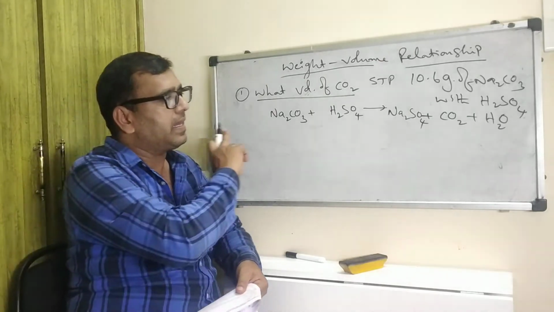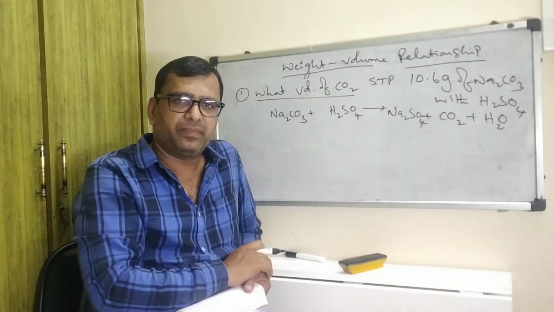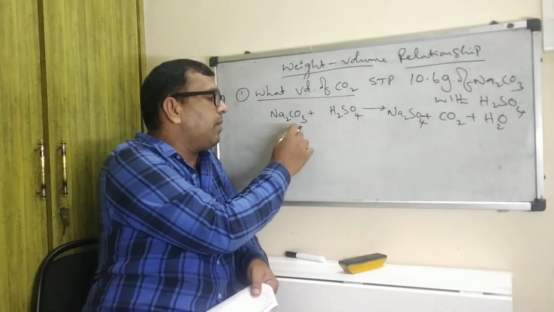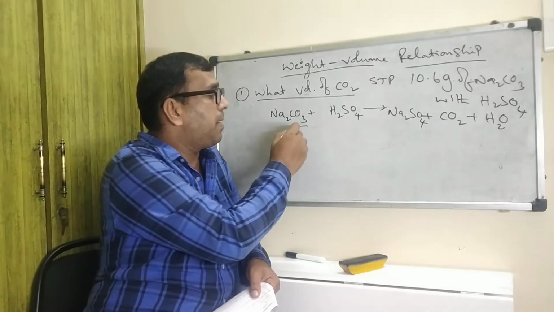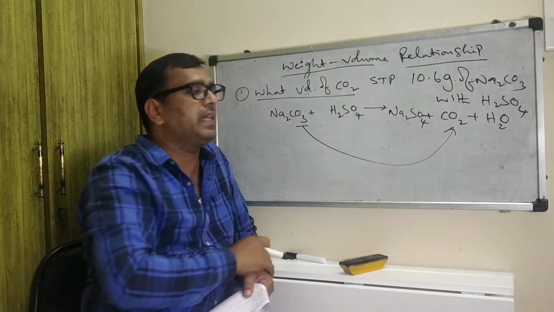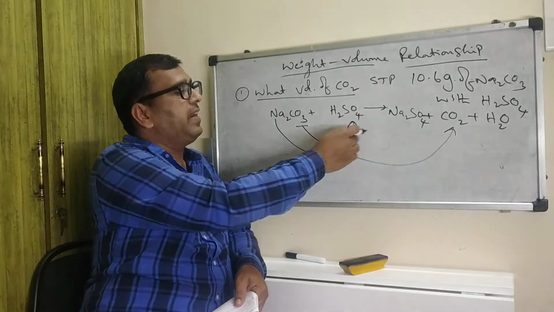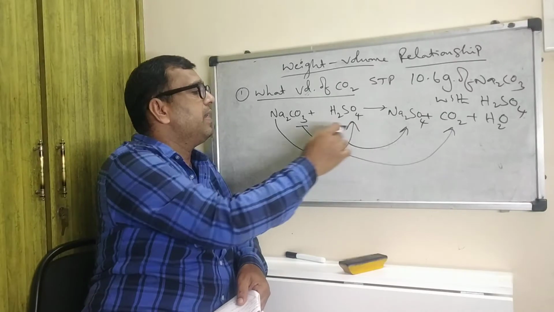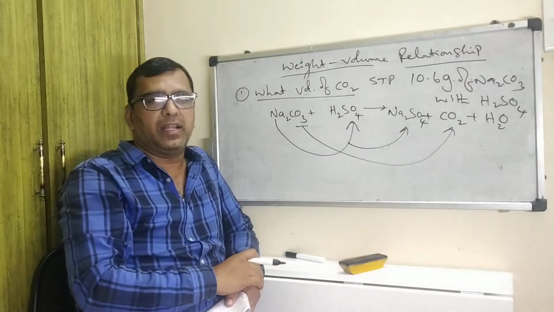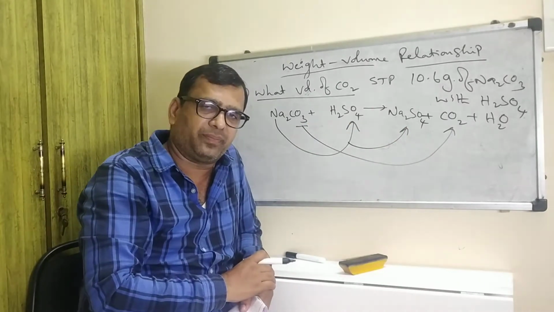Write the chemical equation like this. Why? If carbonates are present, carbon dioxide gas is compulsorily liberated. Sodium and sulfate form sodium sulfate, and finally another product, that is water.